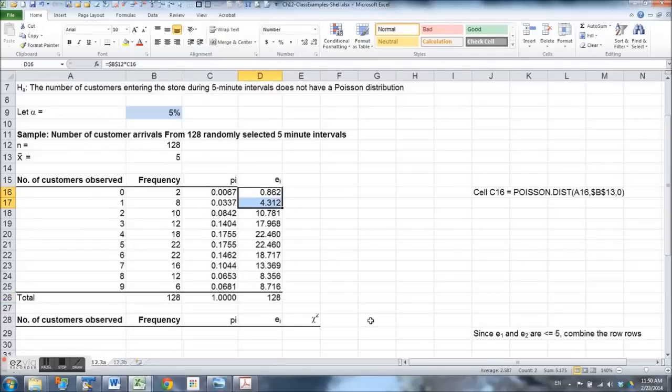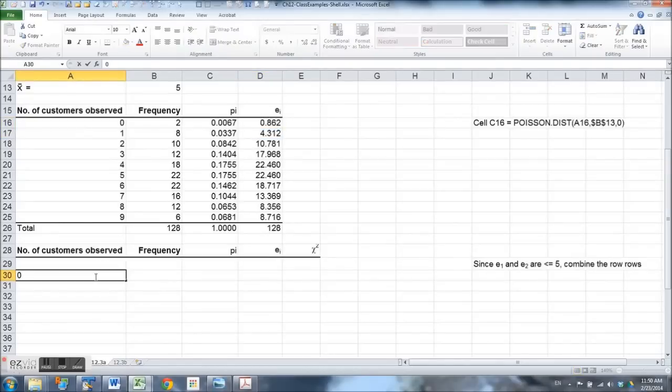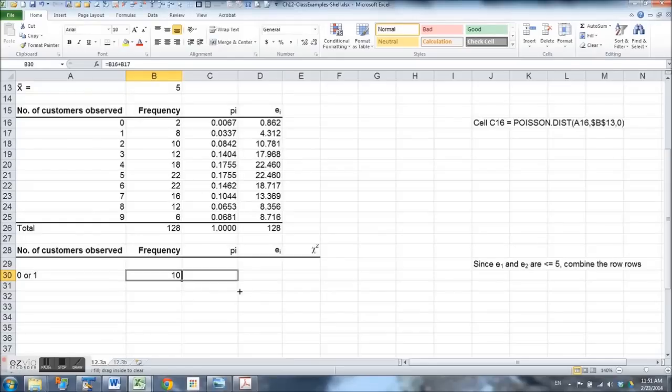Now these two expected frequencies are less than 5, so we need to combine the two. So the frequency will be that plus that, and the rest are exactly the sum of the two.